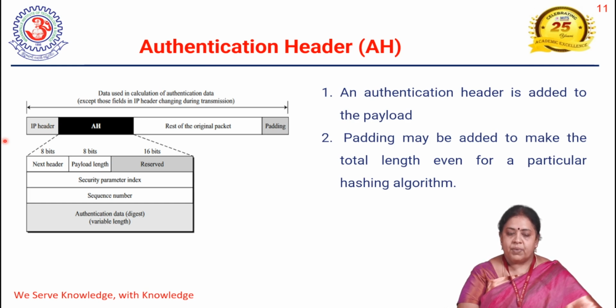So in order to divide it into equal blocks, we are performing this padding so that it can be used by any particular hashing algorithm. Suppose we are using SHA to ensure integrity as well as authentication, then there is a rule that it should be a multiple of 1024 bits. So in order to make it possible, we are going to use the padding.